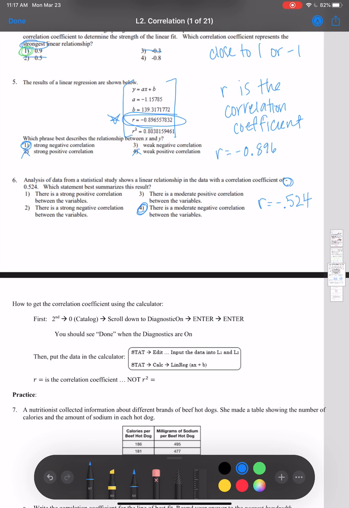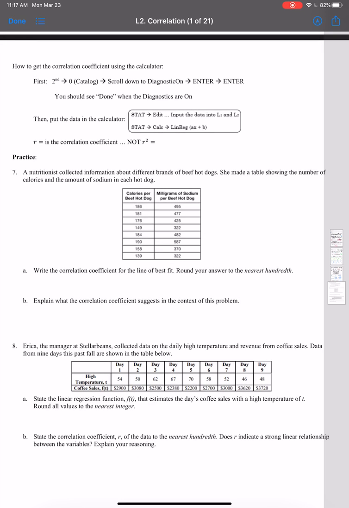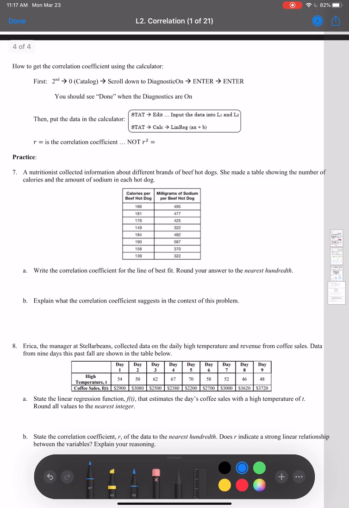Okay. All right, so how do we get this correlation coefficient ourselves? I'm going to show you how to do that in the calculator now. As I said in the last video, everyone should have downloaded a calculator app on their phone if you don't own a graphing calculator yourself. You're definitely going to have to follow these steps here, otherwise you're not going to be able to find your correlation coefficient in your data.